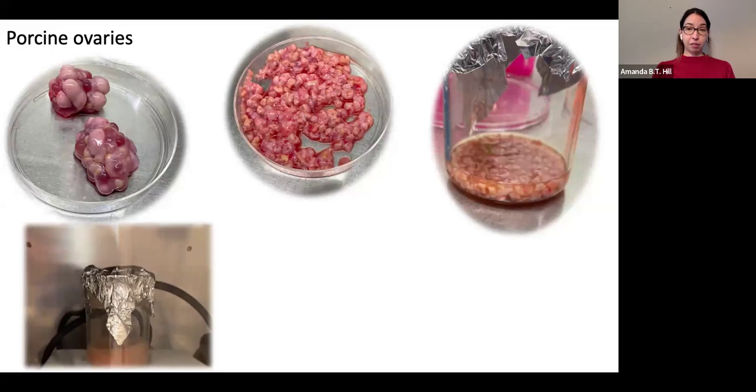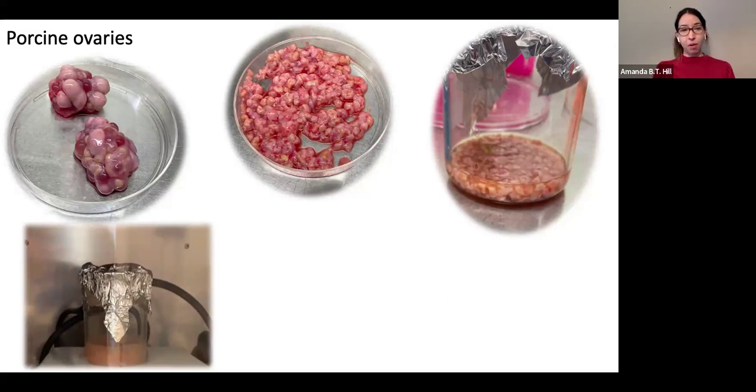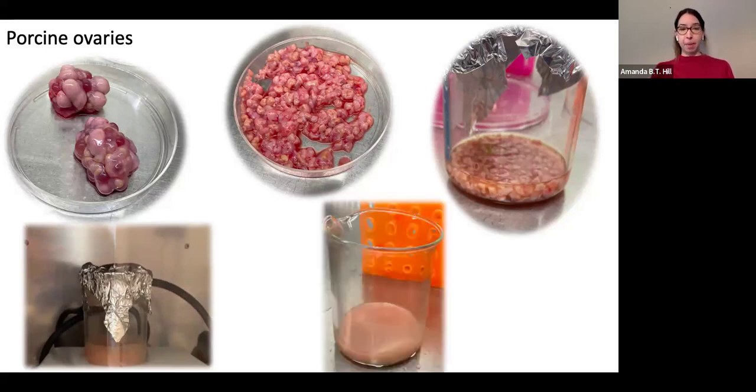But instead of doing that for 3 hours, we did that for 1 hour. So we reduced the time of the total protocol, and we had a better result because we have more digestion. The tissue was more digested with the magnetic stir.